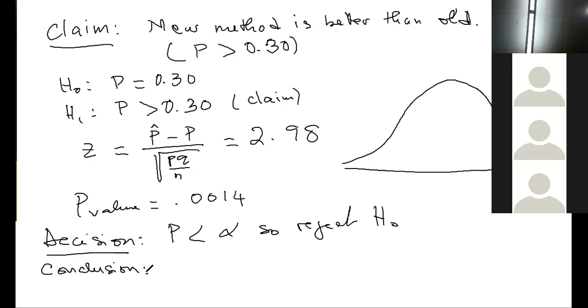So we are saying that the method we are using now for eye surgery is 30% successful. Now somebody proposed a new one and wants to claim that it is better than the old one. We are going to try it on 225 people, just like people might want to try the COVID vaccine.